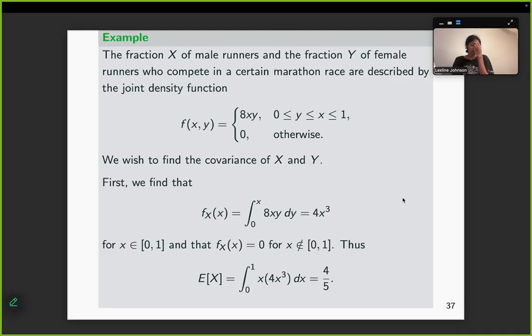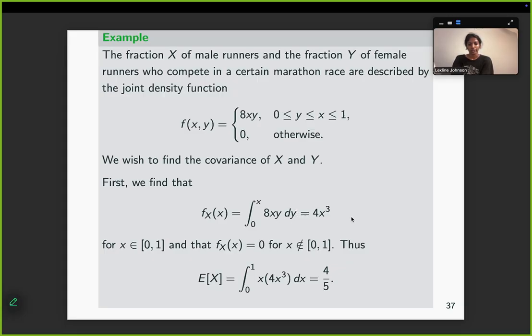Let's look at an example of calculating covariance. The fraction of X male runners and the fraction of Y female runners who compete in a certain marathon race are described by the joint density function below, and we wish to find the covariance of X and Y. First we need to find the marginal distribution of X. We do that by integrating our function from 0 to x with respect to y.